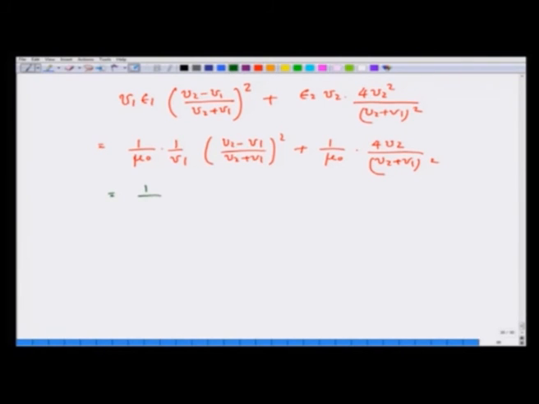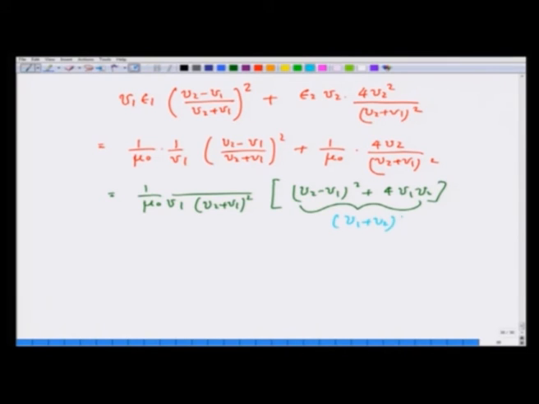This is equal to 1 over mu 0 V 1 (V 2 plus V 1) whole square, and inside I get (V 2 minus V 1) whole square plus 4 V 1 V 2. This term is nothing but (V 1 plus V 2) whole square, and this cancels with this term, and therefore, I get 1 over mu 0 V 1.